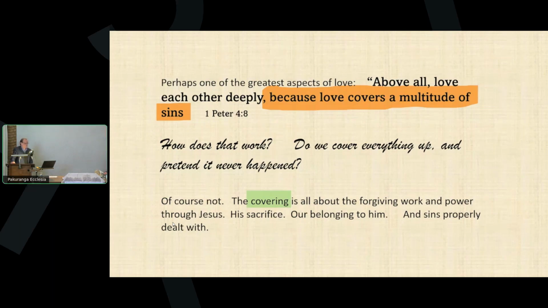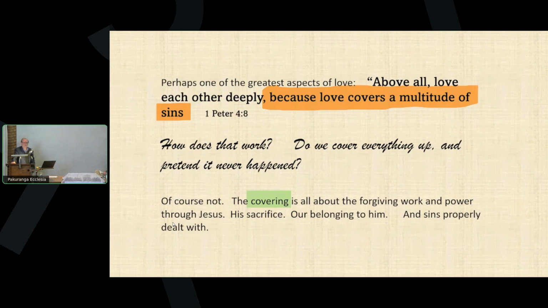And a good example is Peter's writing: above all, love each other deeply, not just on the surface, not just saying, yeah, I love you. Love each other deeply, because love covers a multitude of sins. Okay, do we say then, what does that mean? Do we just hide them so we pretend they never existed?